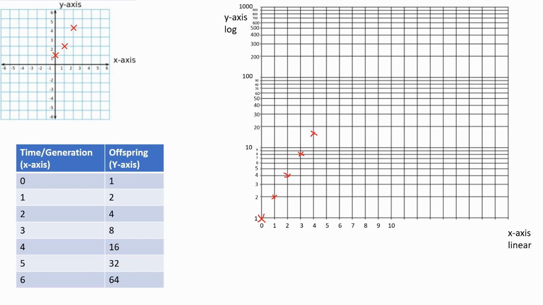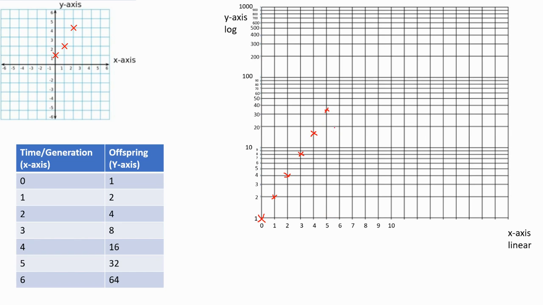And in your paper that you have, there are lines in between here that you can count exactly the same way how you count the other ones. And I'll go over that in just a minute. 5 is 32, so that's going to be about here.